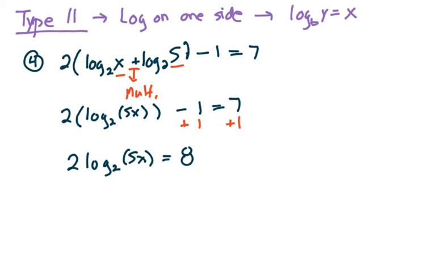Now from here, we could use this 2 and bring it up as an exponent. However, it would give us smaller numbers if we just divided both sides by 2. So I get log base 2 of 5x equals 4.